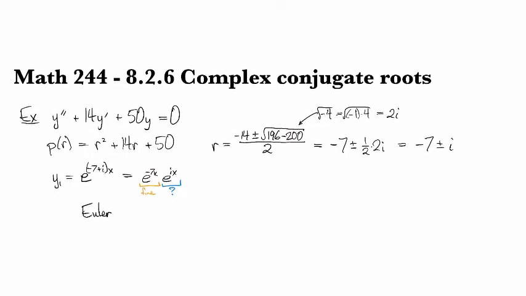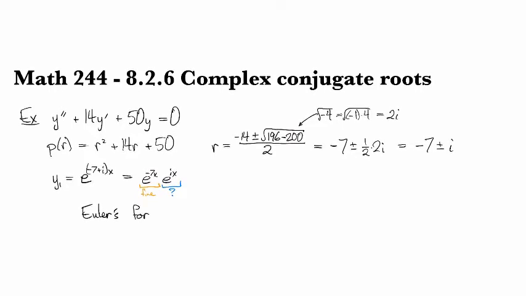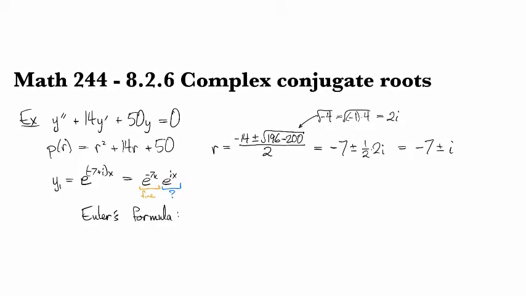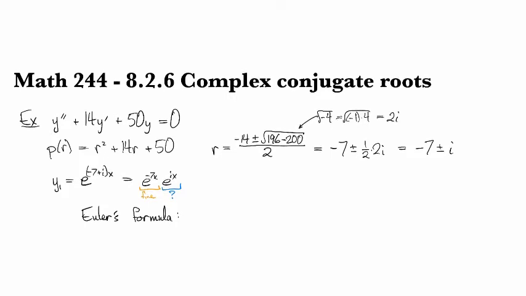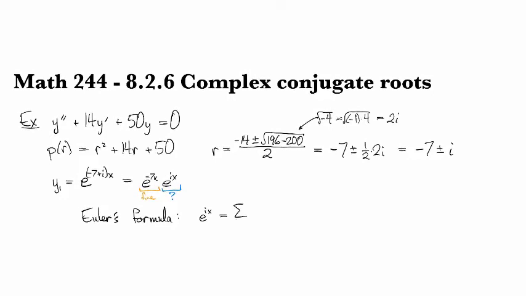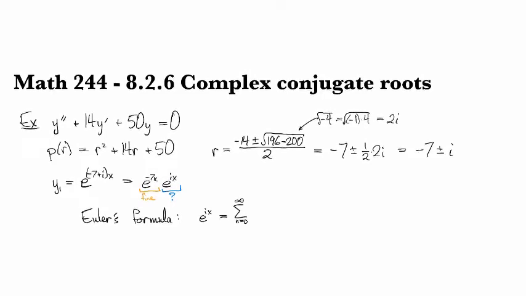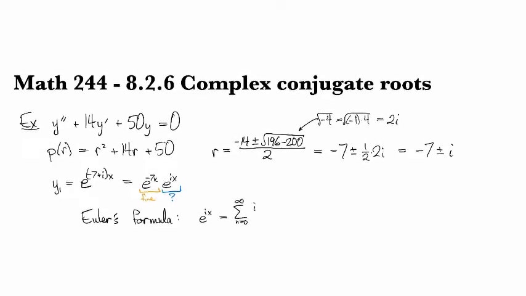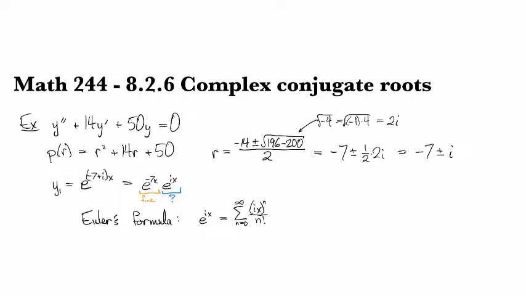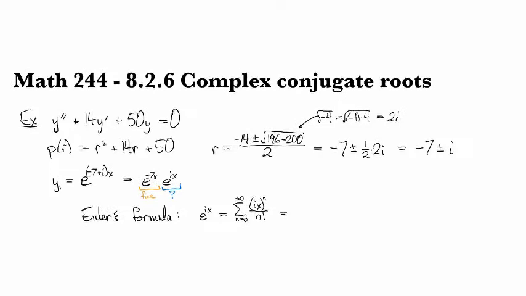Luckily, there was a bright Swiss guy called Euler, and he worked out what we should do with this. It turns out that if you look at the power series for the exponential, and you put ix in for x, you see what happens with this thing.